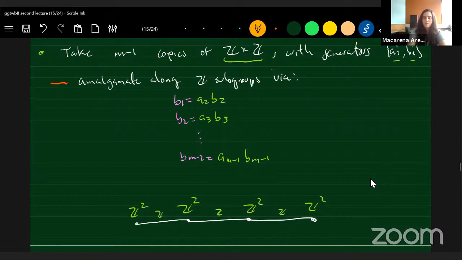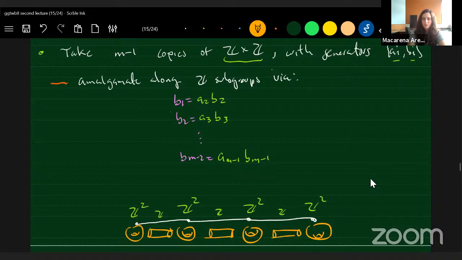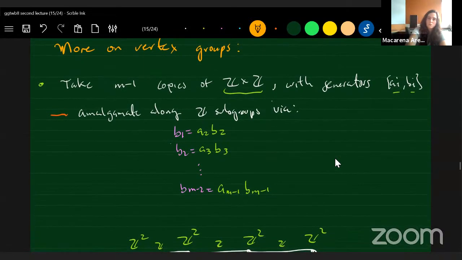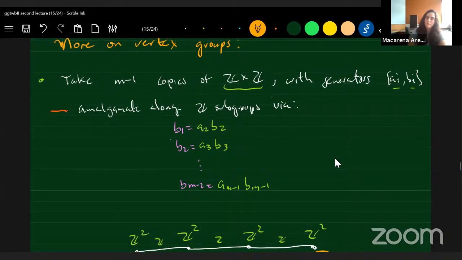And the topological space associated to this graph, the graph of spaces, is obtained by gluing together a bunch of tori through cylinders. Okay, so that's the idea of the construction of the vertex groups in the construction of snowflakes.